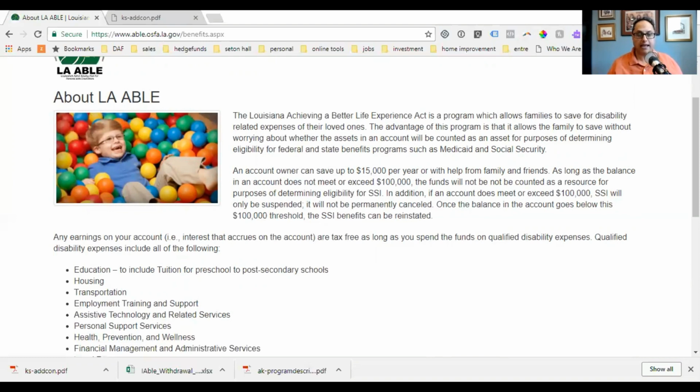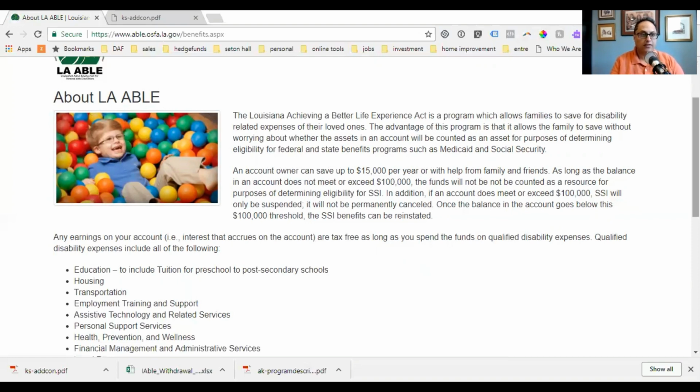So you may be able to contribute theoretically $27,060. Even though that is currently allowed, I haven't found any of the states actually implementing that change. We'll try to keep you abreast of that situation should that change.